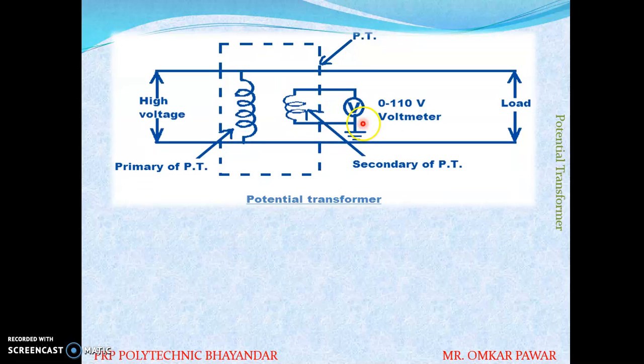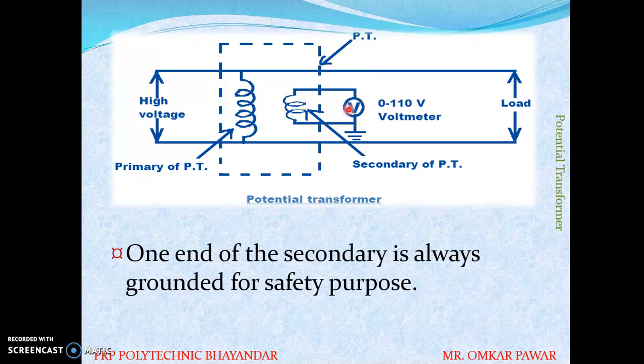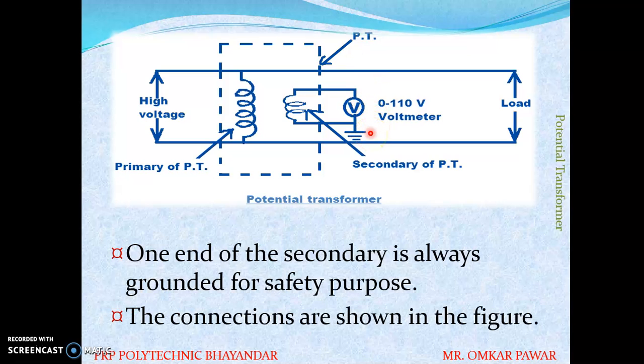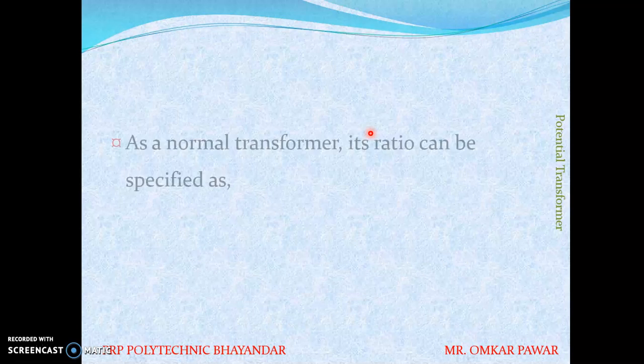So this is the potential transformer diagram. This is the high voltage line, and the primary is connected across the primary of PT, and this is the secondary of PT, which senses the secondary voltage. One end of the secondary is always grounded for safety purposes, and the connections are shown in the figure.